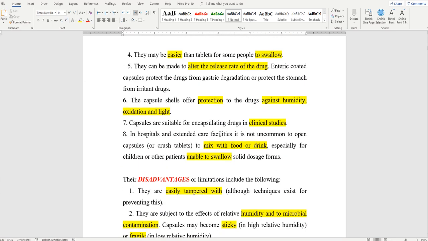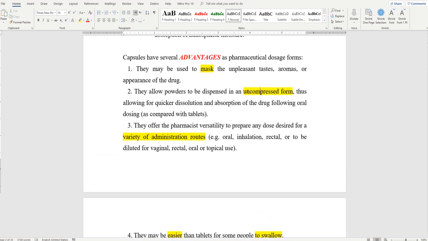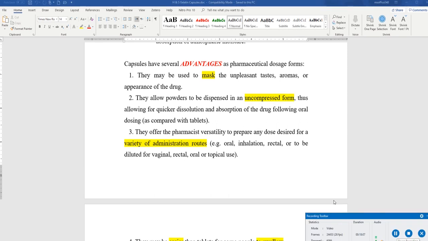Therefore, once the material inside is exposed, because it's in the uncompressed form, it will dissolve very quickly compared to tablet preparations. Of course, the second advantage, as I said, is that we have uncompressed drug inside the capsule.